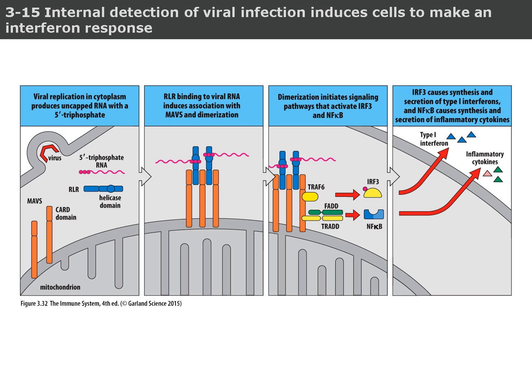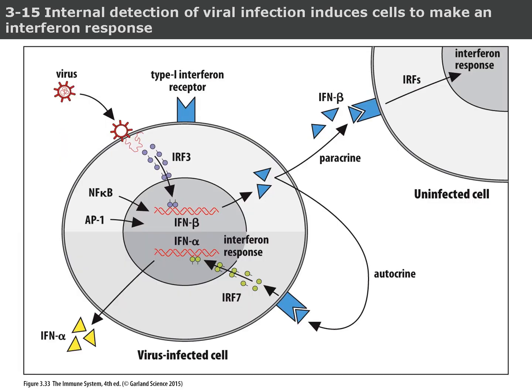Together, these molecules coordinate a powerful antiviral response by alerting neighboring cells and activating immune defenses to limit the spread of the virus. This image illustrates how a virus-infected cell initiates and amplifies an interferon response to alert neighboring cells and enhance antiviral defenses.